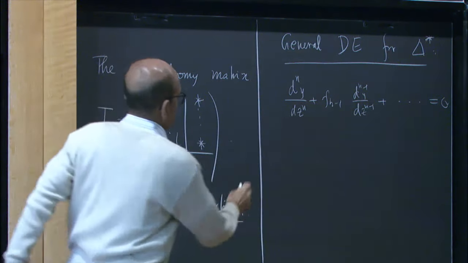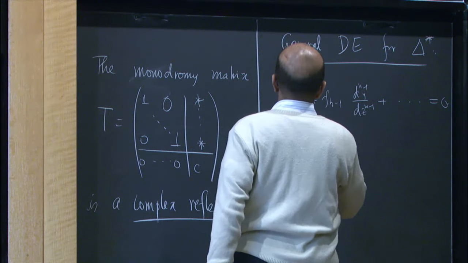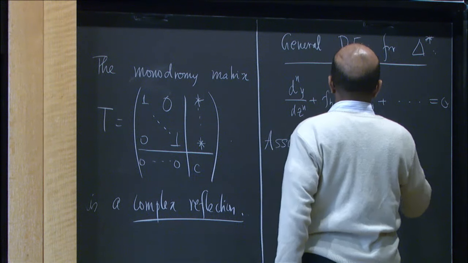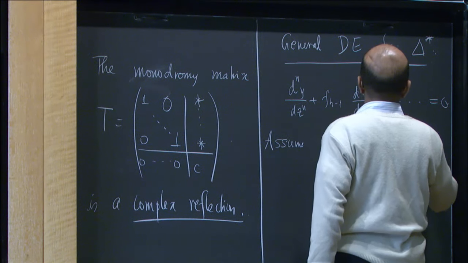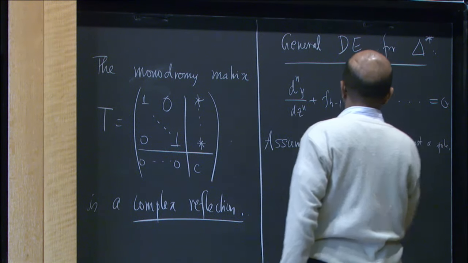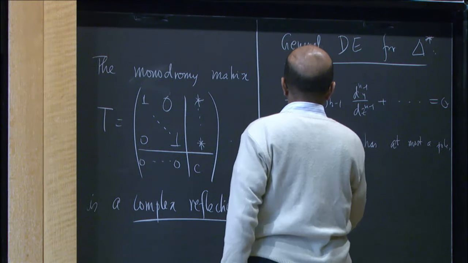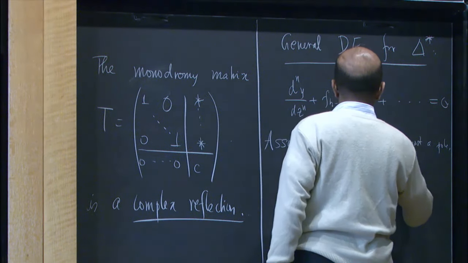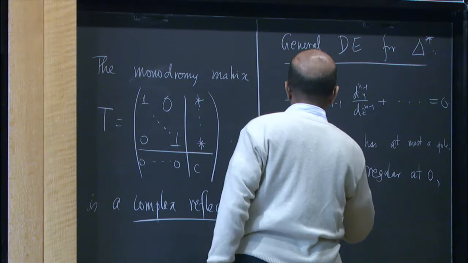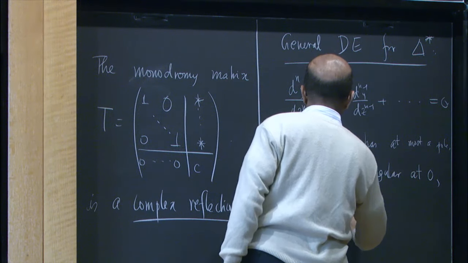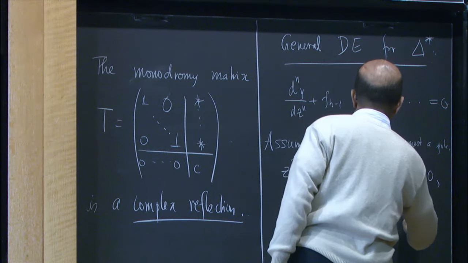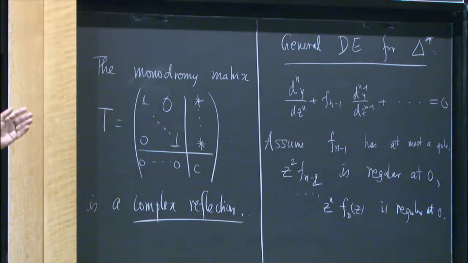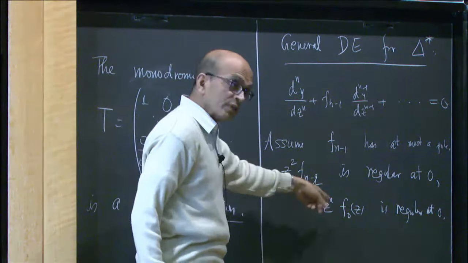But now assume f_(n-1) has at most a pole, f_(n-2) is regular, so they have a pole of order at most 2, 3 and so on.